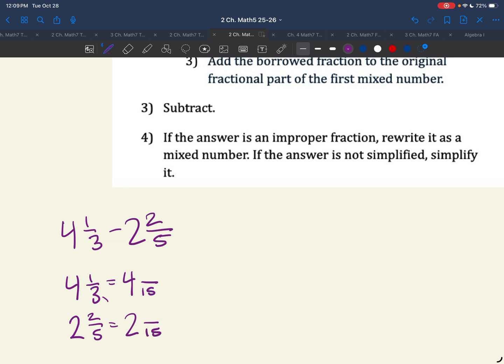So 3 goes into 15 5 times, so then I multiply my numerator by 5, and I get 4 5/15. 5 goes into 15 3 times, so then I multiply my numerator by 3 as well, and I get 2 6/15. All right, so now I'm just going to rewrite that as 4 5/15 minus 2 6/15. And I'm just working across.